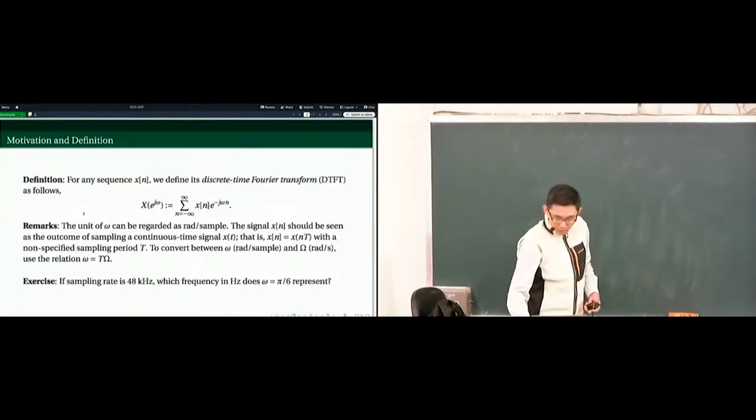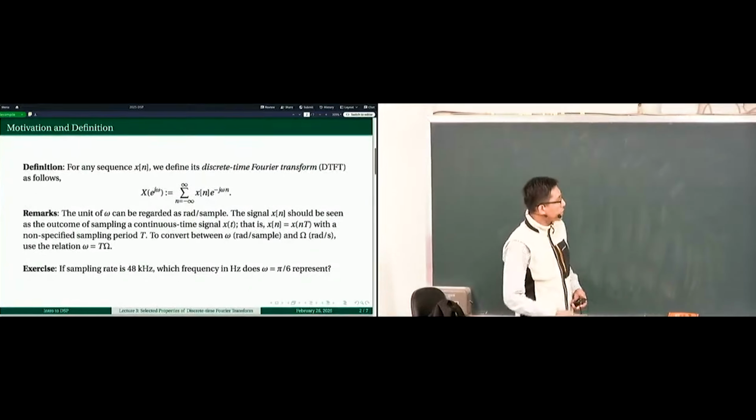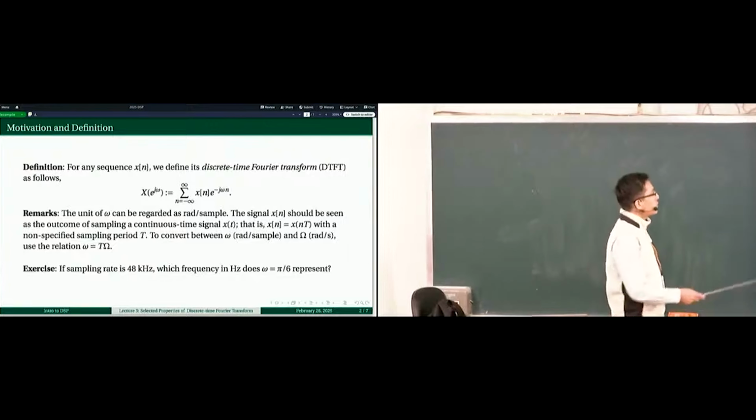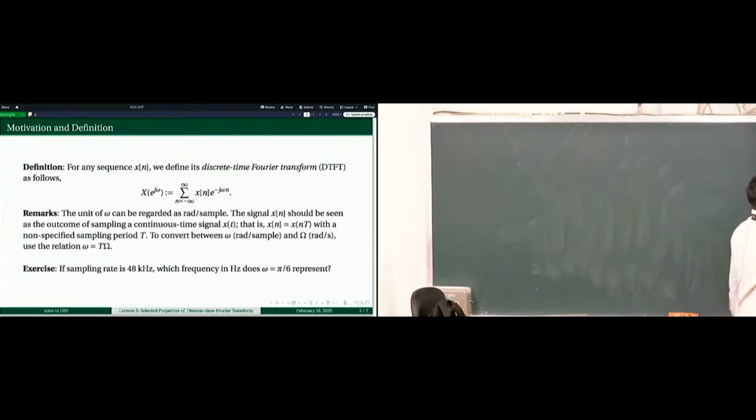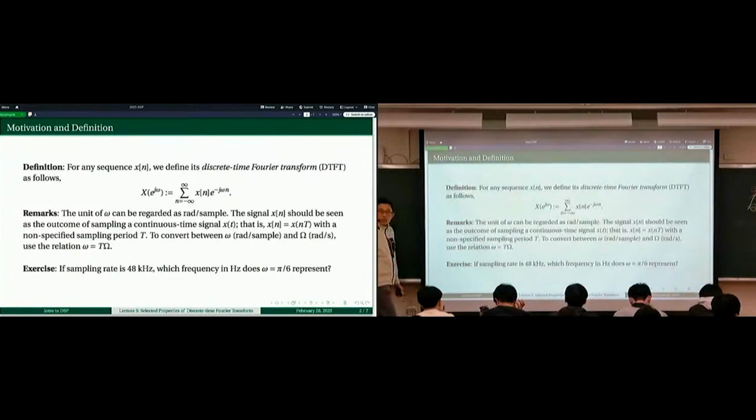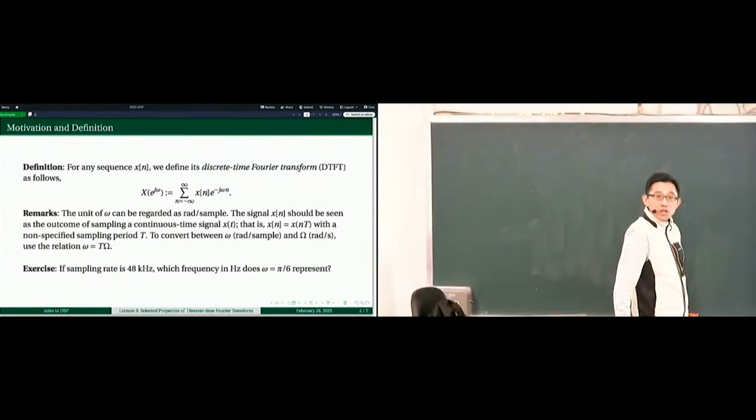So let's go over this slowly. Here is a definition. The definition goes that we begin with a sequence. Now things are already after C to D conversion, already in discrete time. So we have a sequence, x[n], with n being integers.